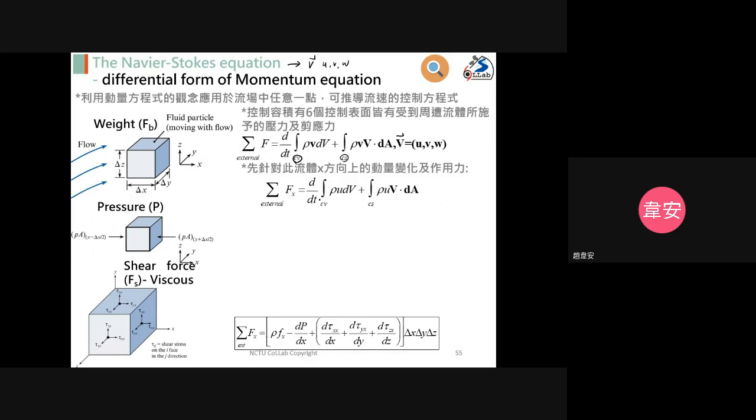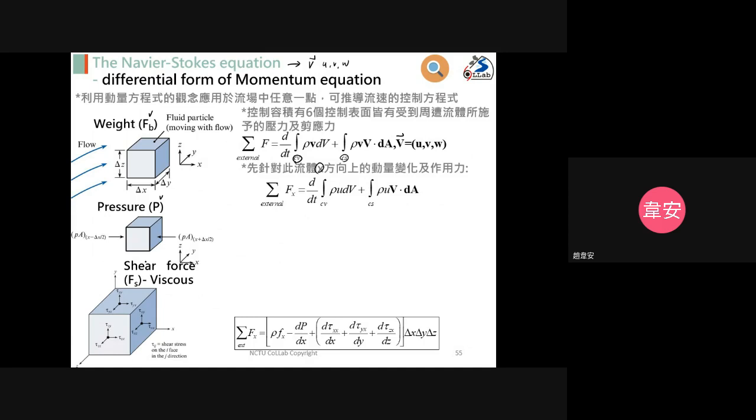Okay, so now our first target is the external force, and we fix our target direction as the x direction. How many forces do we have along the x direction? We can divide it into the body force and the pressure force. The pressure force is the normal force for fluid problems.